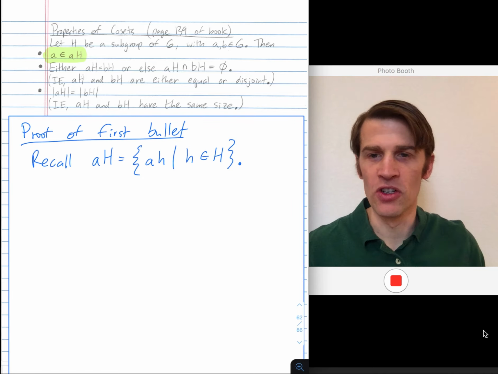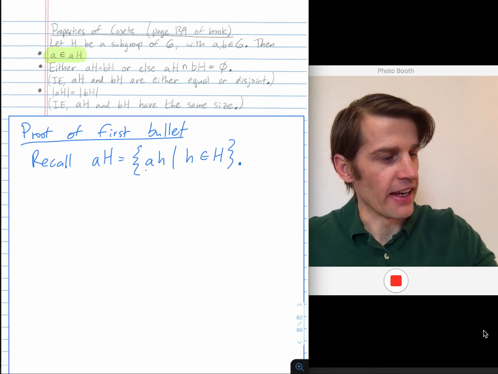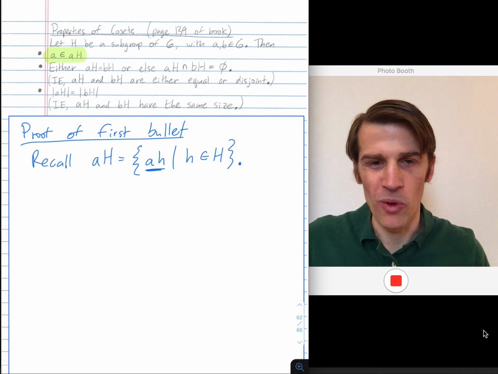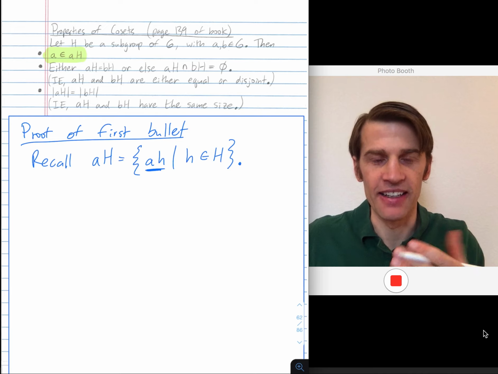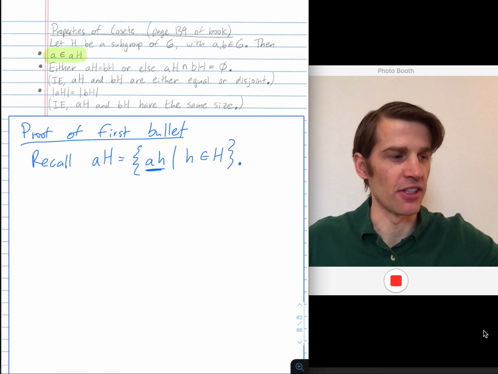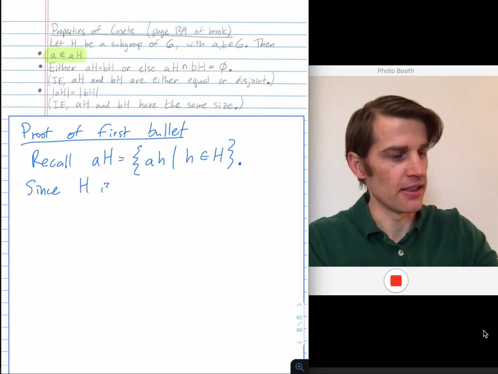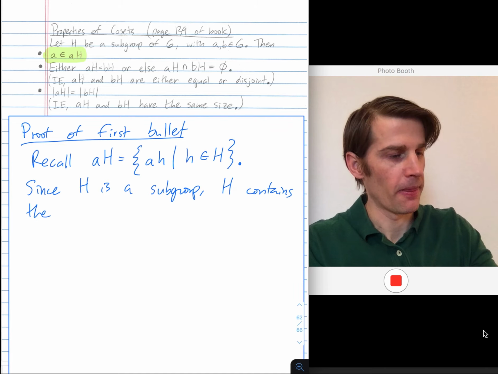To prove that a is in this coset aH, I need to write a in this form, a times something in my subgroup. What can I multiply a by to get a? Just the identity. And is the identity in my subgroup H? Yes, the identity is in every subgroup. So since H is a subgroup, H contains the identity e.